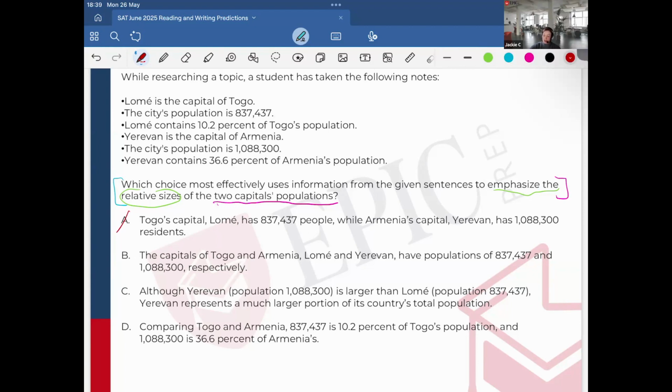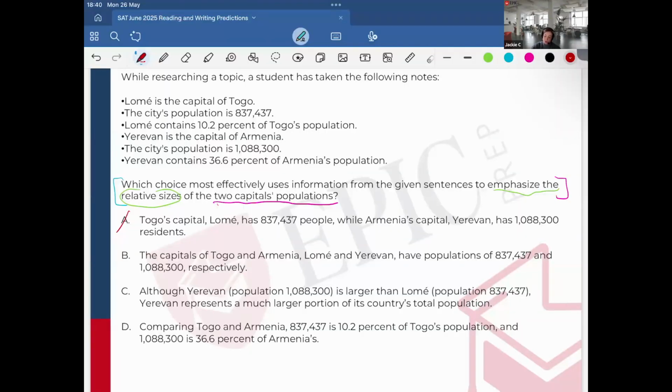So B, the capitals of Togo and Armenia, Lomé and Yerevan, have populations of 837,000 and 1,088,300 respectively. So that seems pretty much like option A when I see it. However, let me just see if it's twisting any information.